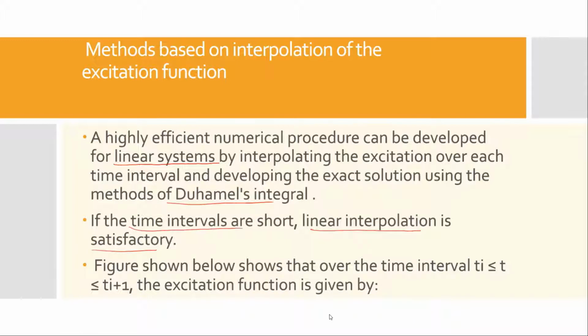It means if delta t, the discretized time step, is very small, 0.02 seconds or 0.01 seconds, then linear interpolation is satisfactory, because we can see the random distribution there. When we take a small step size and enlarge it, if the discretization is very small, then linear interpolation is easily handled and the result would be very satisfactory.